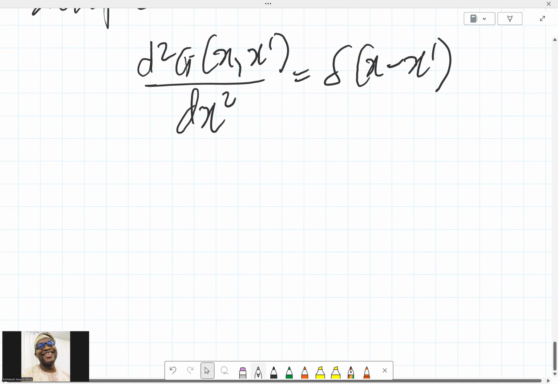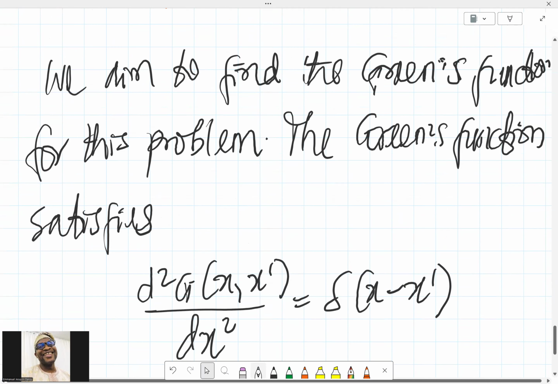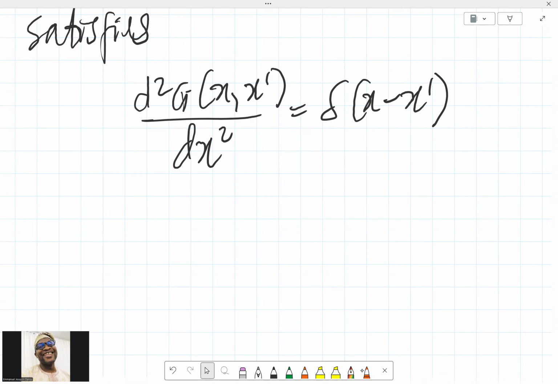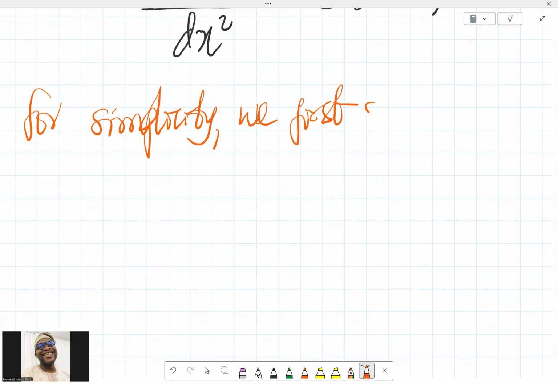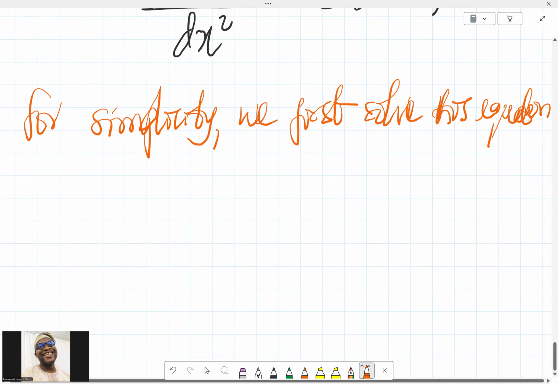So that's what it satisfies. And then for simplicity, we first solve this equation in two regions.